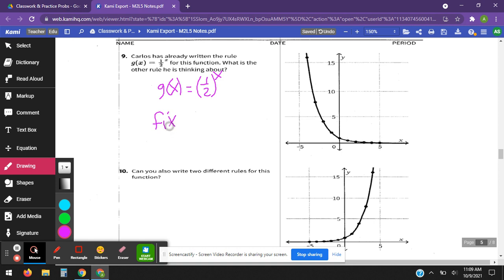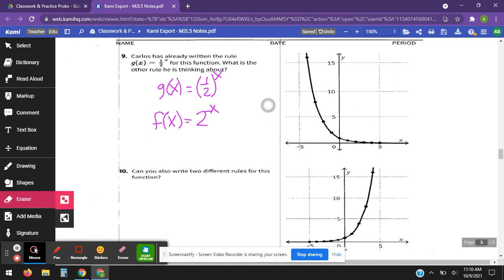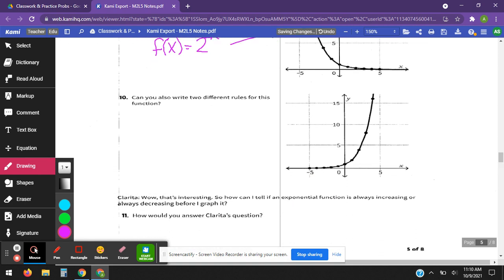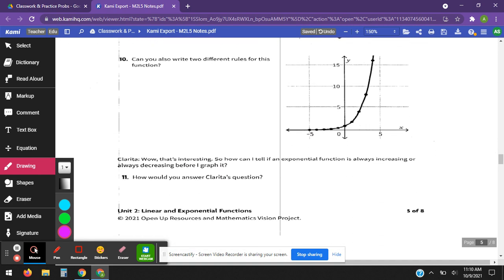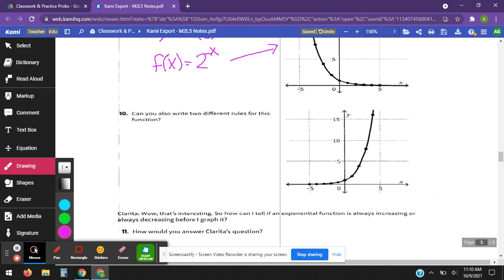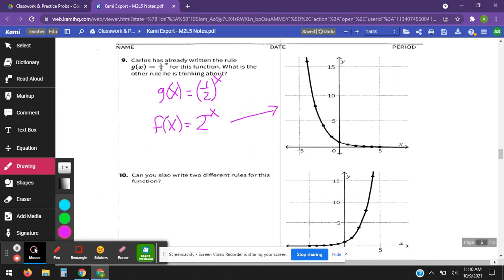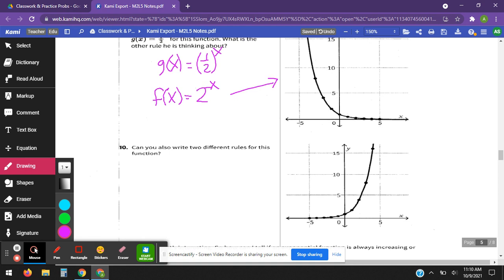So the other rule that they're talking about is, what's the reciprocal of that if I'm going to use a negative? So if I want to switch those around, I can do 2 to the negative x, and both should make that graph. And we can double check that on Desmos. I'm not going to do that right now. Okay, 10. Can you write two different rules for this function? Well, if we look, it's the opposite of this.